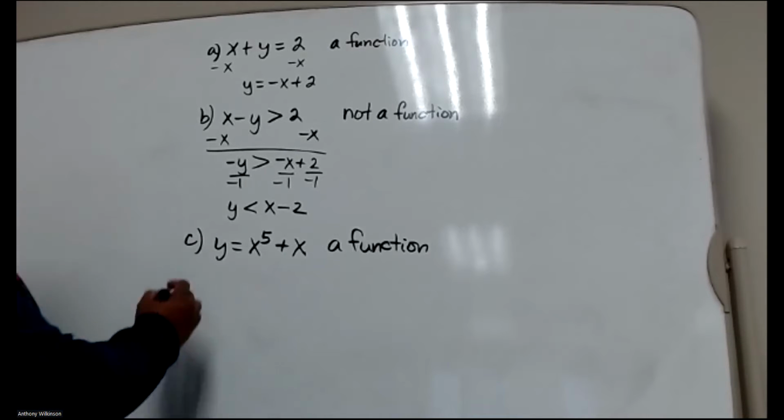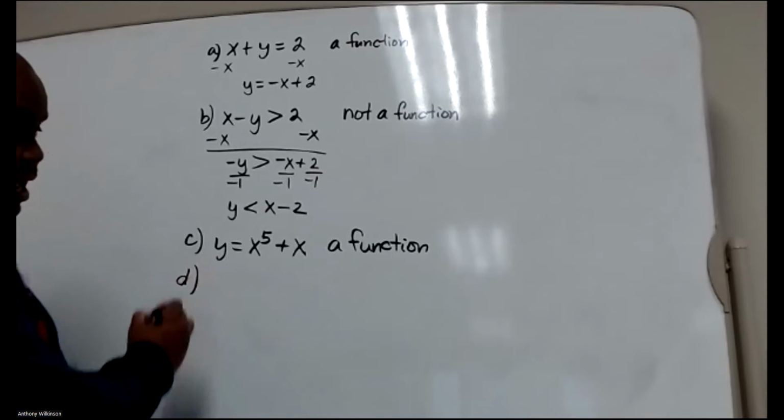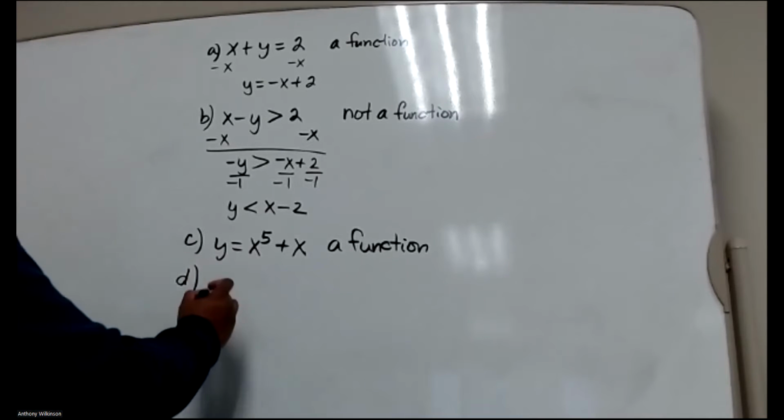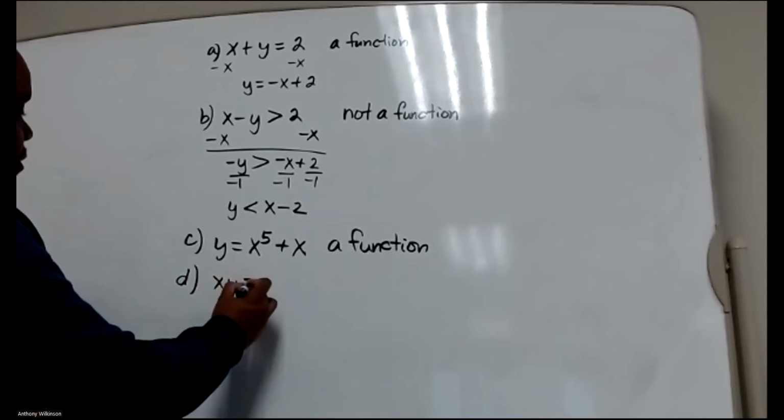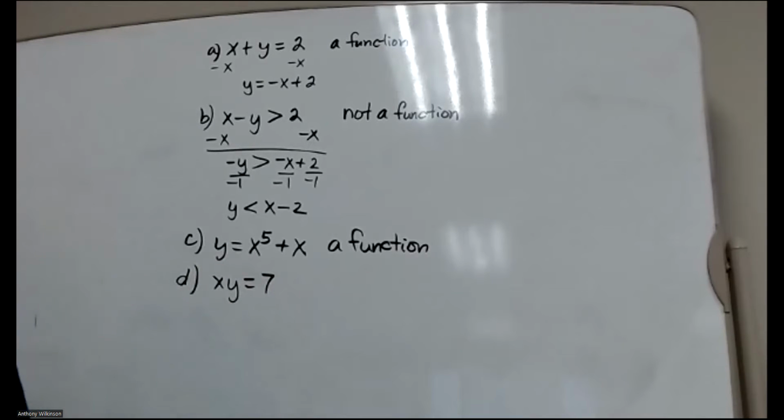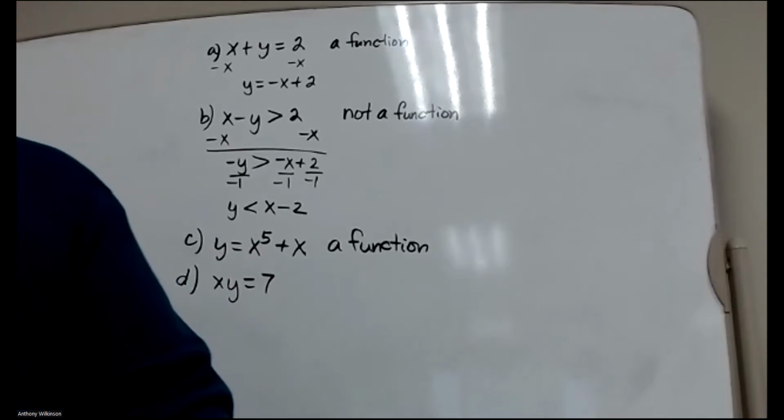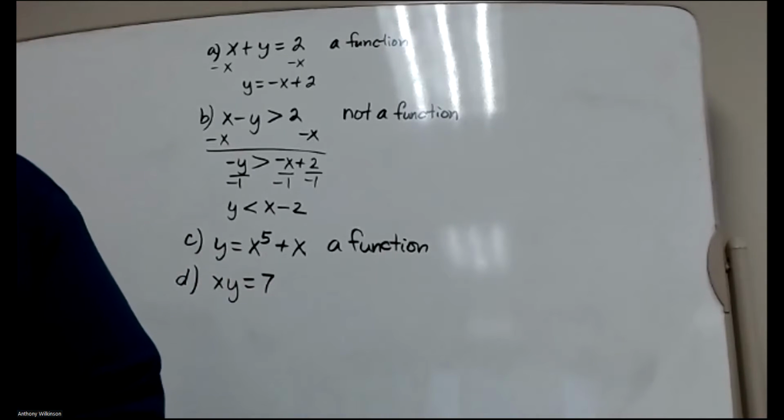All right, now for part D, this has x times y is equal to 7. And the restriction there is that x is not equal to 0. It is a function.